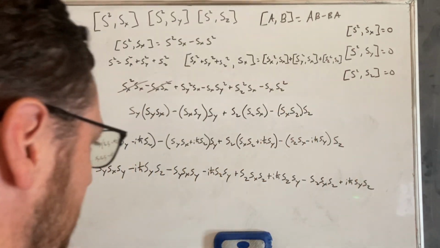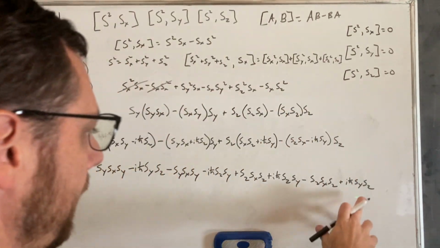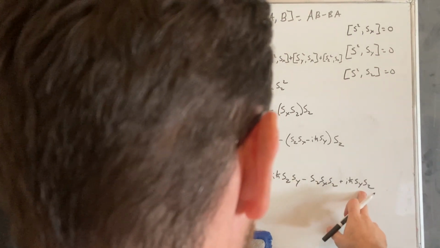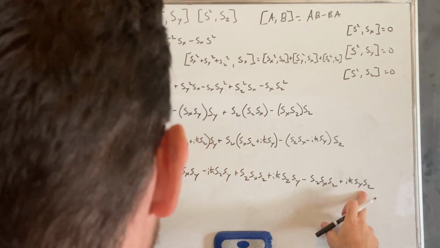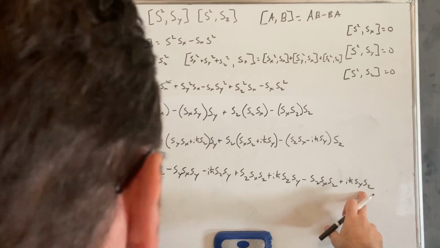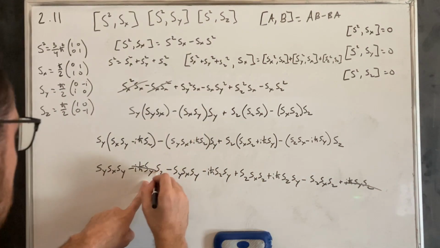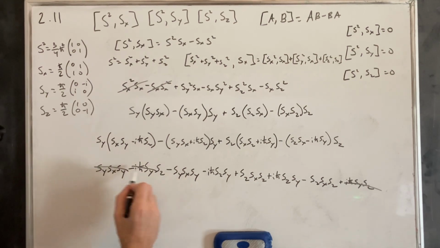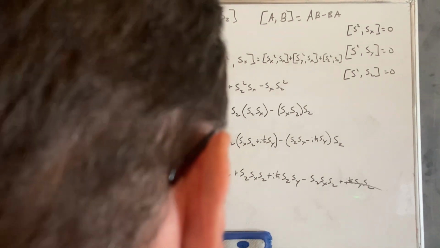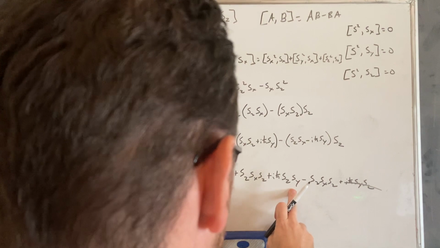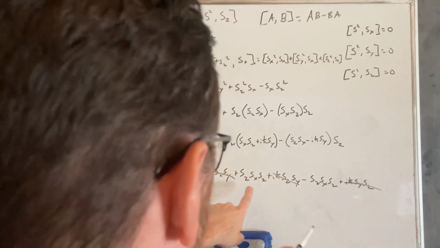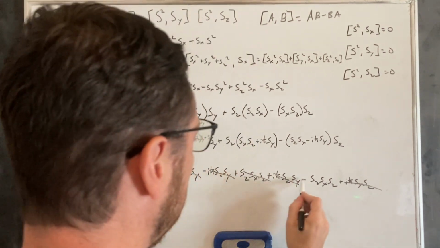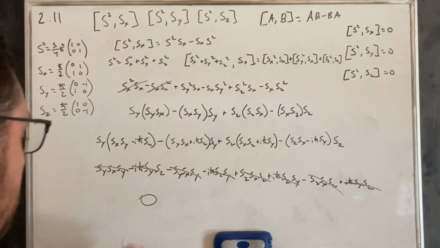Okay, and if I did this right, we have i h bar Sy Sz, positive and negative. We have Sy Sx Sy and Sy Sx Sy, Sz Sy and Sz Sy cancel, and Sz Sx Sz and Sz Sx Sz. And so everything cancels, and so this is 0.